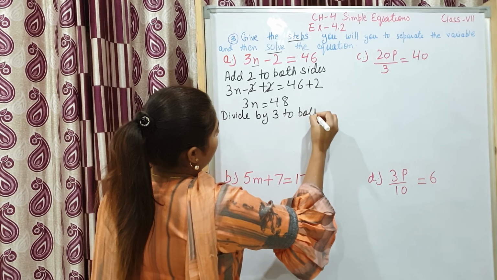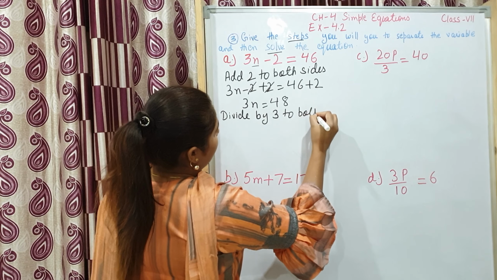Multiply by 3 to both sides. Now minus P upon 3 multiply with 3, 5 into 3. 3 cancel out. Minus P is equal to 15.